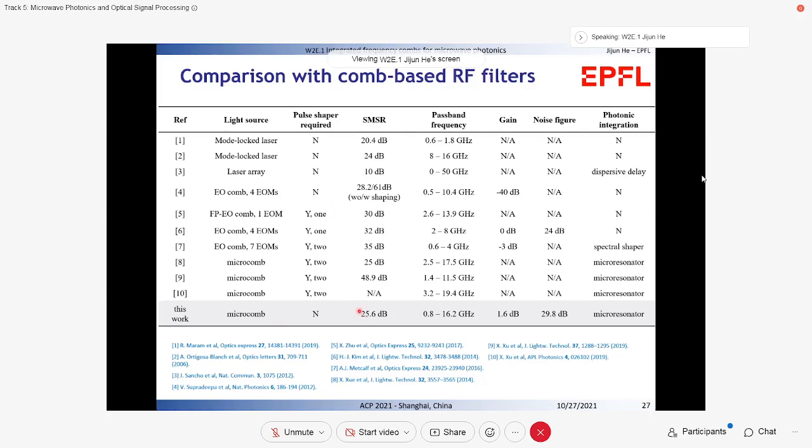Our filter is widely reconfigurable, and the side mode separation ratio is also good, and it can be further improved by using, for example, an integrated pulse shaper. You can also refer to this literature about all the IF photonic filters that I mentioned.